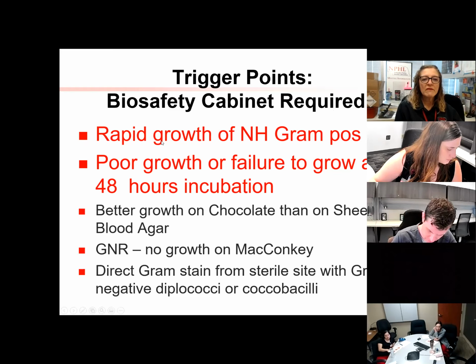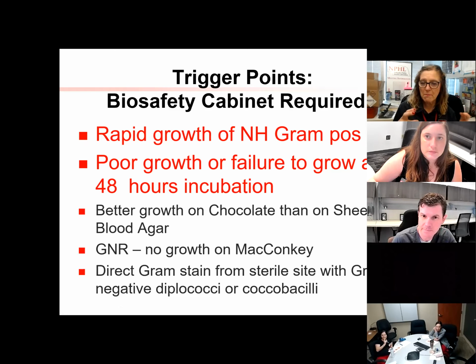Let's say you saw gram-positive rods that were very boxcar shaped in the gram stain and non-hemolytic on the plate. Those should be immediately thought of as a possible BT organism. You should no longer be working on the open bench with those. Before you do any other gram stain, it should be worked on in the biosafety cabinet.